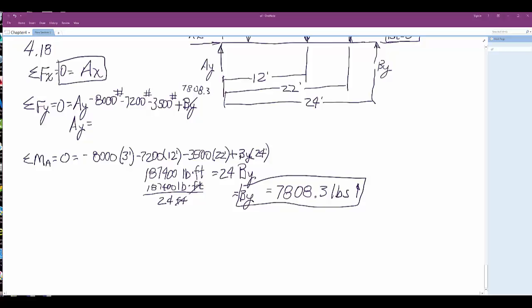So you should have 10,891.7 pounds pushing back up.